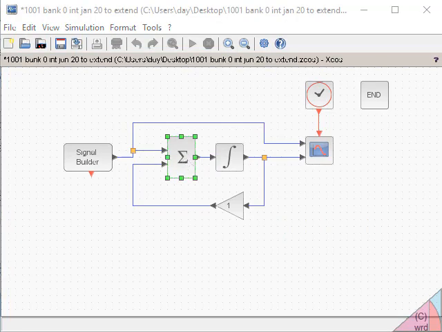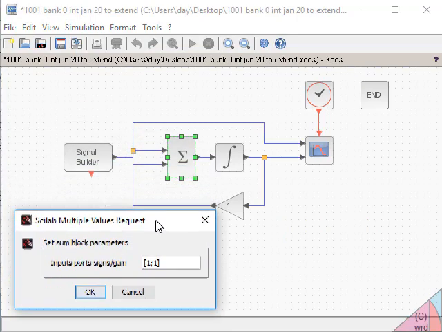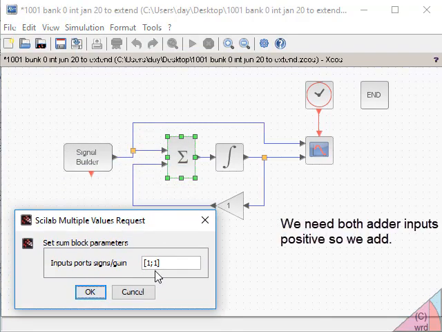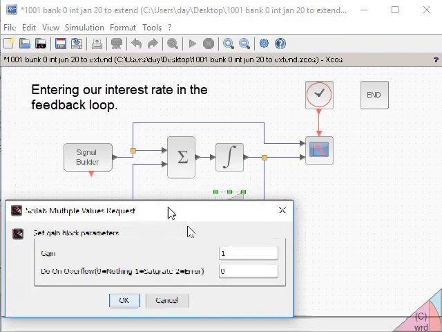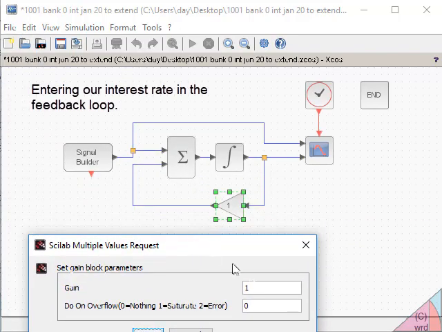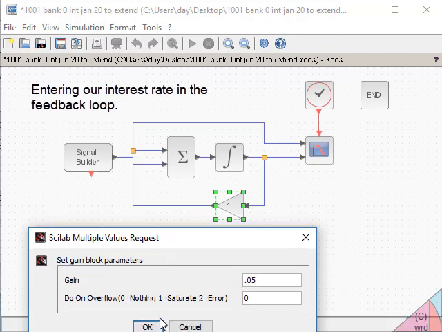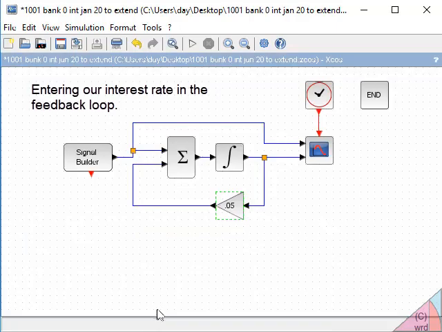I click open the adder block to check the signs of the inputs. I want both positive so that we add. This is indicated by both inputs being a +1. Finally, I click open the gain block and load it with +0.05, our interest rate per month.